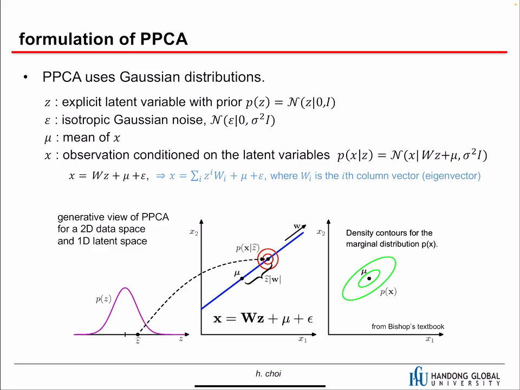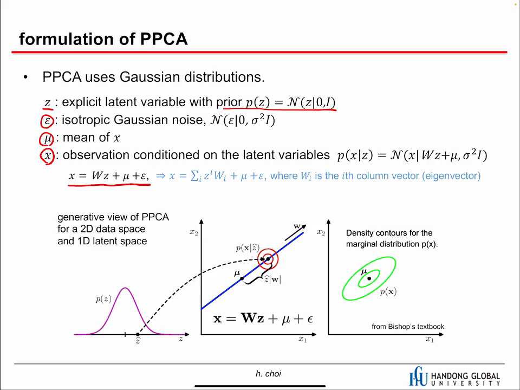So let's see the formulation of PPCA. Basically, PPCA uses Gaussian distributions, and we have Z. Z is an explicit latent variable with a prior distribution, like this. And we have noise with isotropic Gaussian variance, and we have the mean and observation. So basically, we have an equation like this.